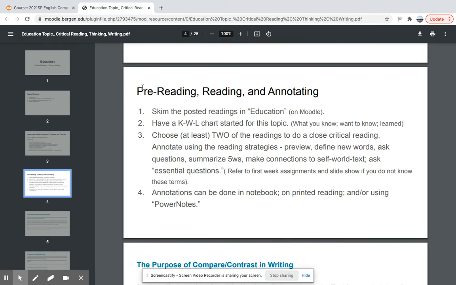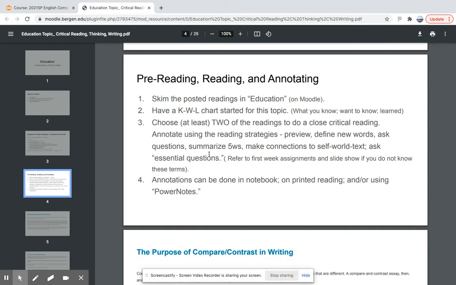So here is just a reminder, the pre-reading, reading, and annotating step was to skim the posted readings in education, have a KWL chart started on this topic, choose at least 2 of the readings to do a close critical reading and think that you're going to be comparing and contrasting 2 elements of both, either the subject matter, the message, the style used in writing them, etc. You'll annotate using the reading strategies to preview, define new words, ask questions, summarize the 5 W's, make connections to self, world, and text, and ask essential questions.